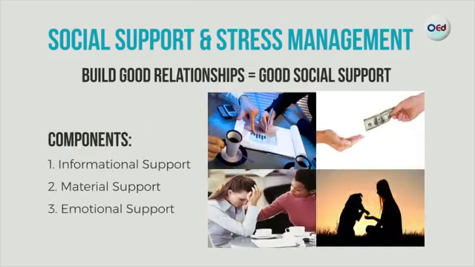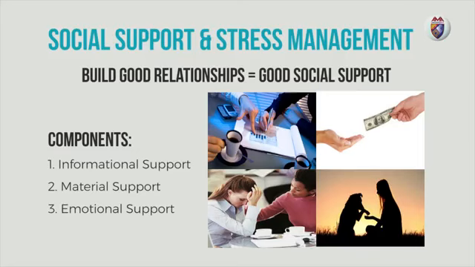What are some of the different components of social support you may get from people around you? The three possible components of social support are, first, informational support. This is where you get tips, strategies, or advice from someone or a group of people to help you get through your ordeal. Second is material support.